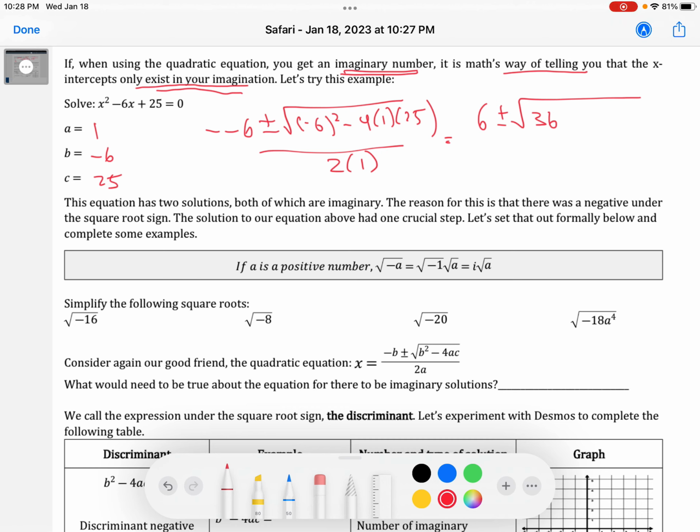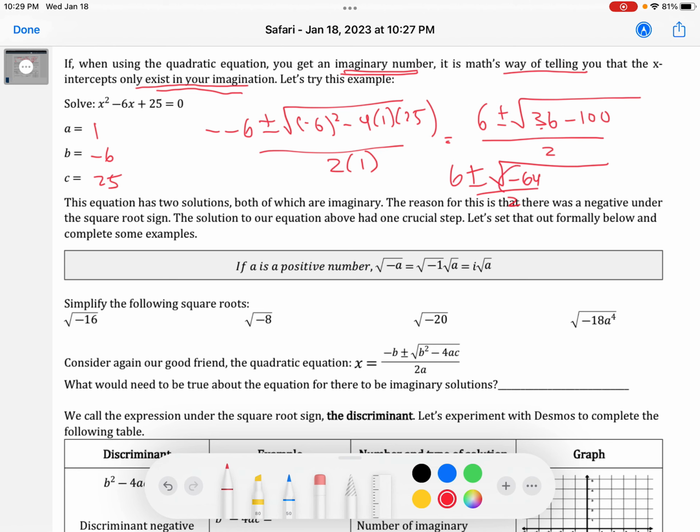And here, 4 times 1 times 25, that's going to be 100, all over 2. And so that's going to be 6 plus or minus the square root of 36 minus 100, which is going to be 64. But it's not really 64, it's actually -64, all over 2.